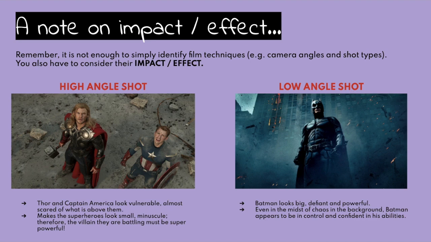So the effect or the impact of this angle is to make Batman look powerful and defiant. Just remember, whenever you identify a film technique when you're doing scene analysis, great that you've identified it, but make sure you go that one step further and analyse the impact and the effect of this technique.